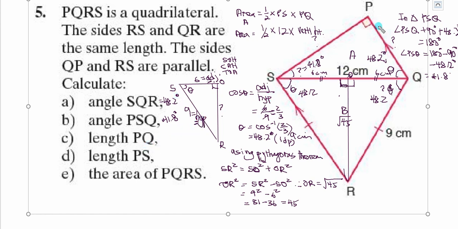Now PQ, if you have the angle and you have 12 cm, you should be able to find the PQ and the PS. Now let's do it over here. This S, P, this Q, this 12, this 48.2.